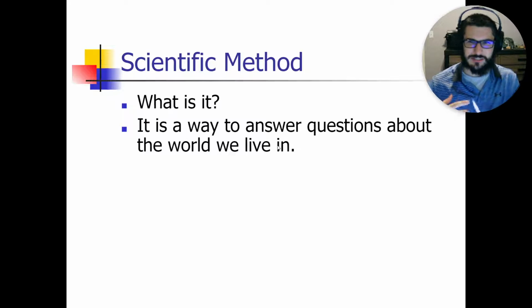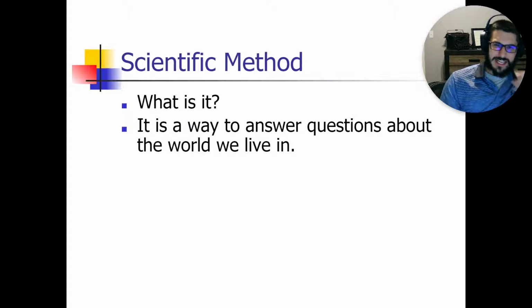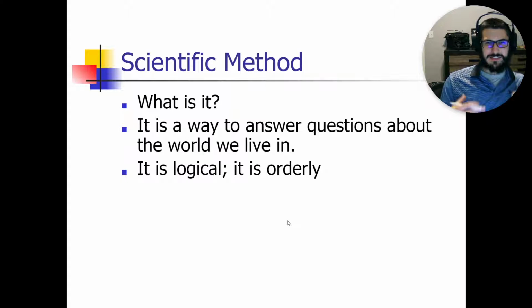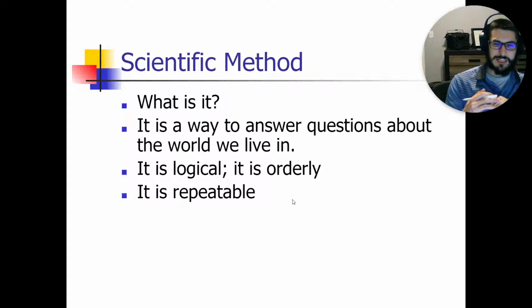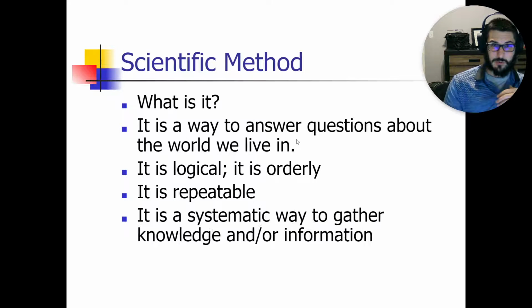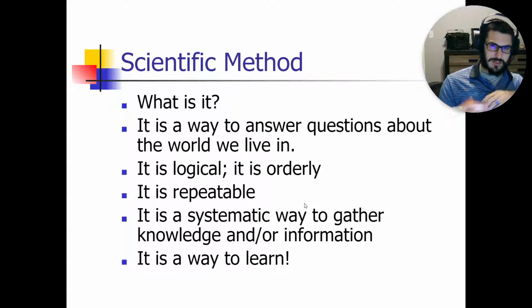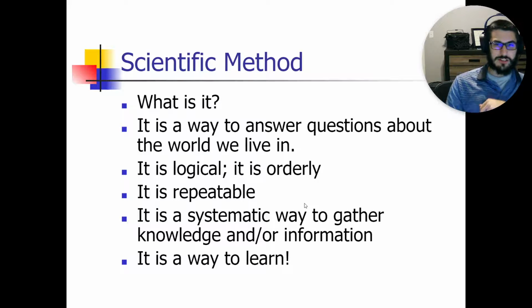It's a way to answer questions about the world, and it's really helpful in giving us a logical way to work through that process. You can depend on it and repeat it, and it gives us a systematic way to gather information. So it is really a great way to learn.